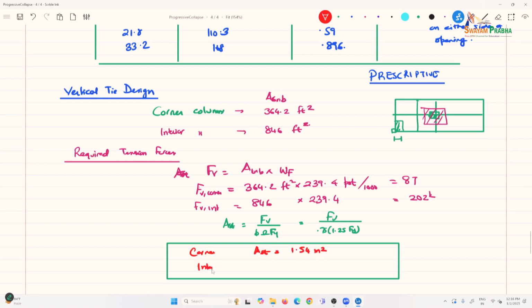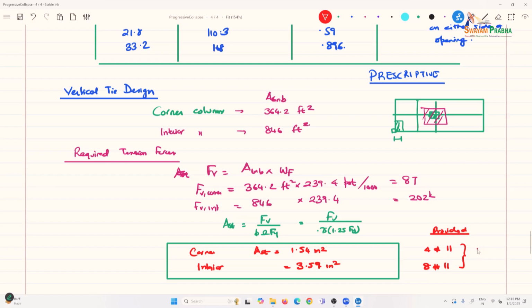For the interior, you get 3.59, and you've already provided 4 number 11s, 8 number 11s.